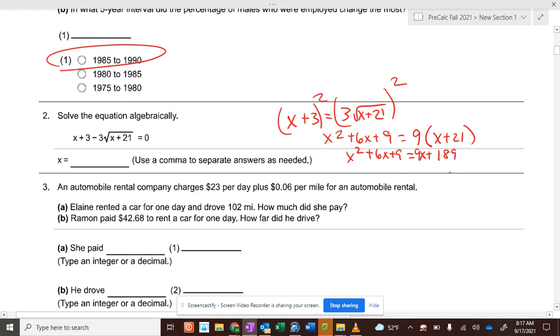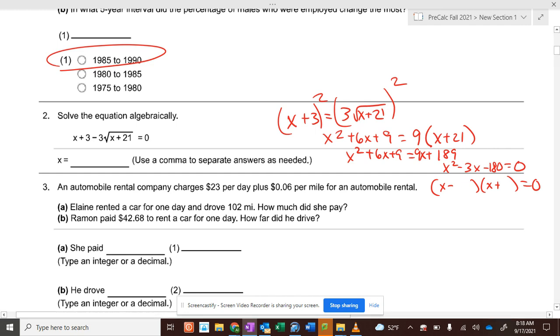189. Move that to the other side. X squared minus 3x minus 180 equals 0. Factor. x minus, x plus, what would it be? 50 and 50?